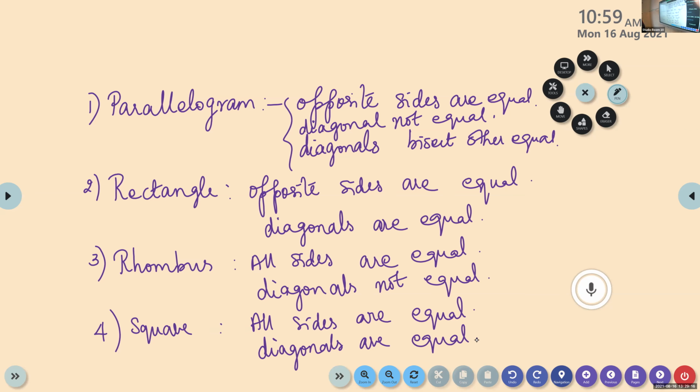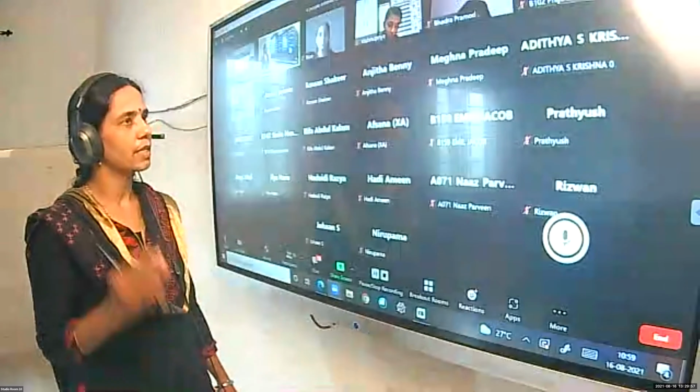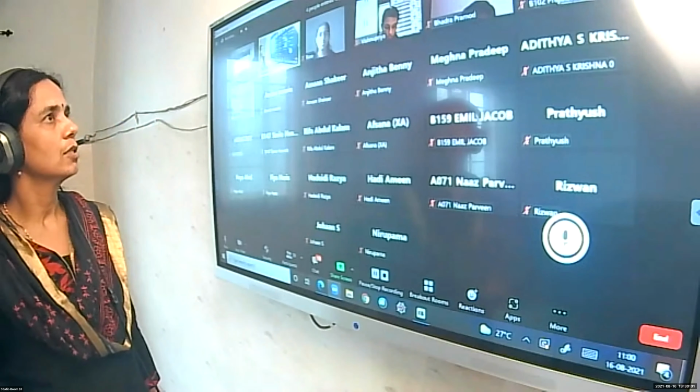So if four vertices are given, using this we can check whether the vertices form a parallelogram, rectangle, rhombus or square.